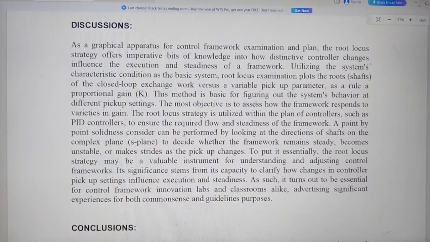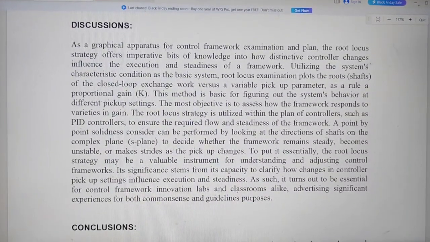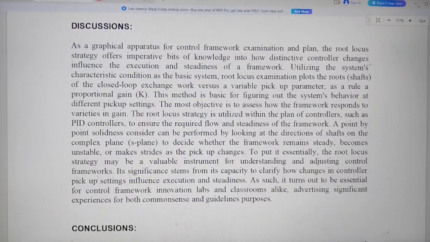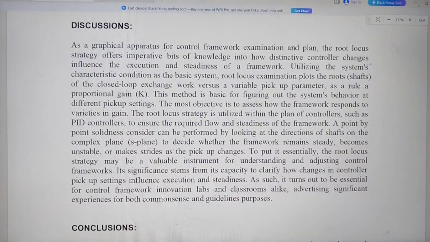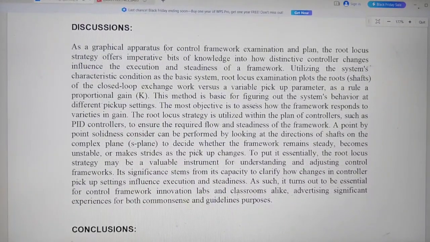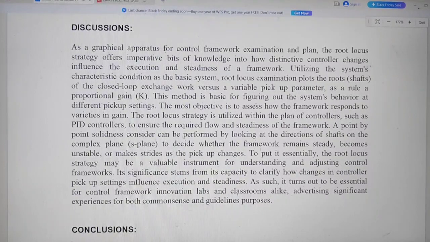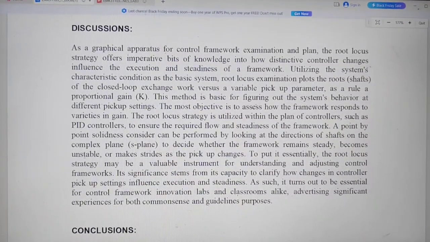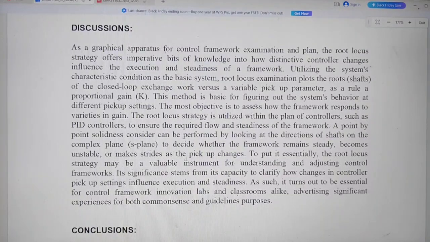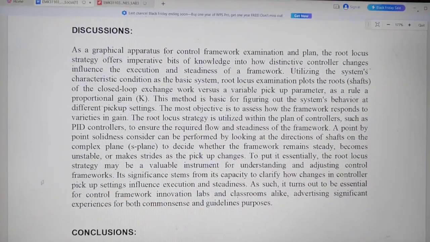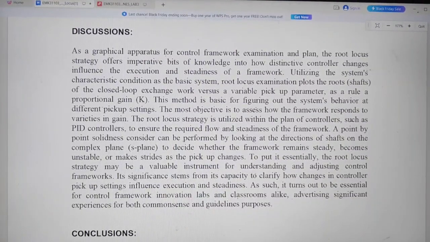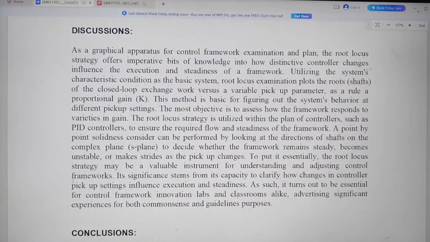To ensure the required dynamics and stability of the system, a detailed stability study can be performed by looking at the trajectory of the poles on the complex plane, which is the s-plane, to decide whether the system remains stable or becomes unstable as the gain changes. In essence, the root locus method is valuable for understanding and adjusting control systems.